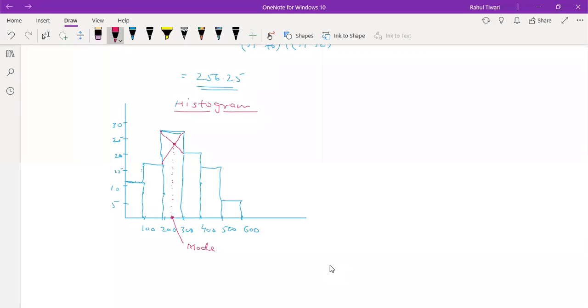So mode, I think approximately you will get 255 if you do it properly. Yes, have you understood or not? Yes, sir. Everybody understood? Anyone having any question related to how to get the mode using graph?